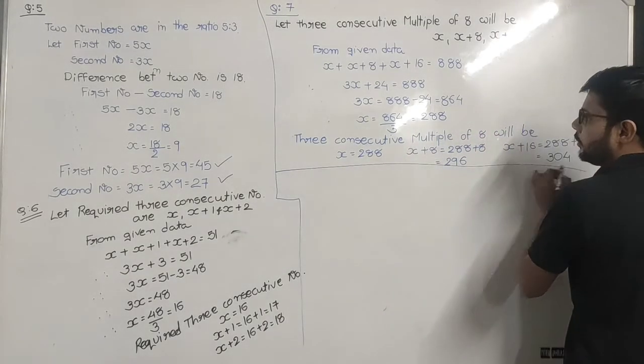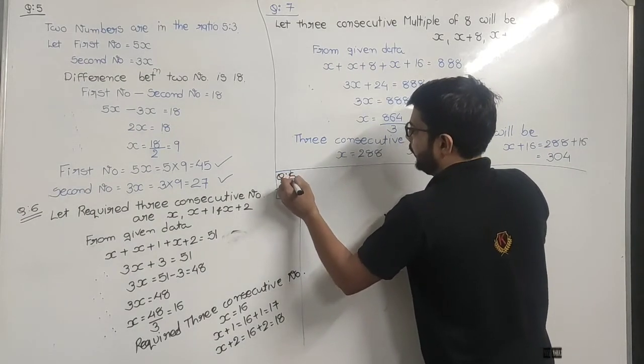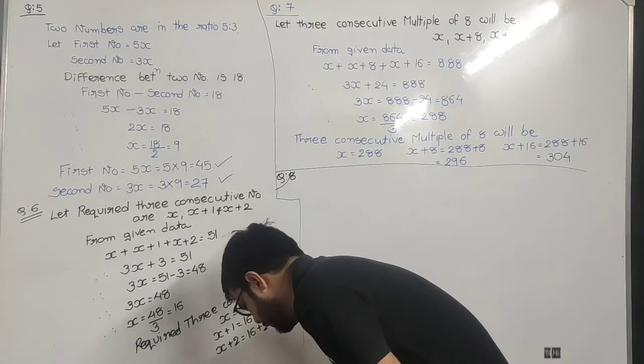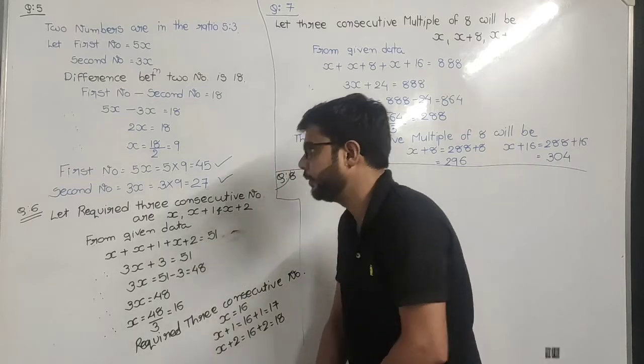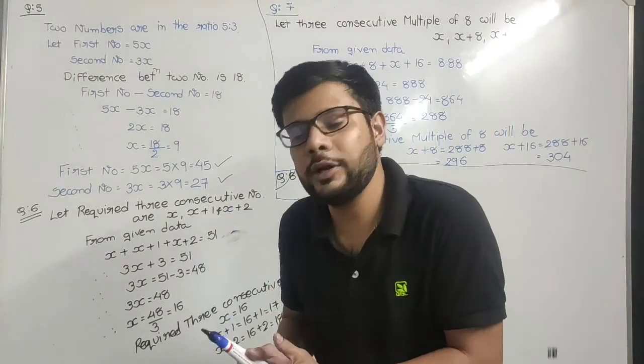Now we are going to discuss question number 8. 3 consecutive integers are such that when they are taken in increasing order, first of all we have to assume 3 consecutive integers.